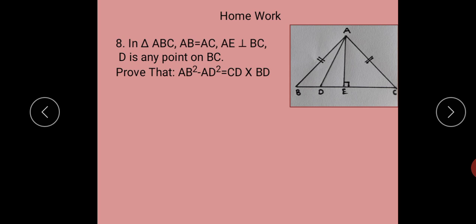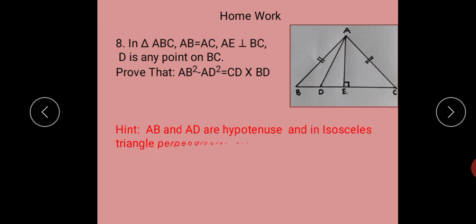So E is the midpoint of BC. D is any point on BC, and then you are asked to prove AB square minus AD square is equal to CD into BD.